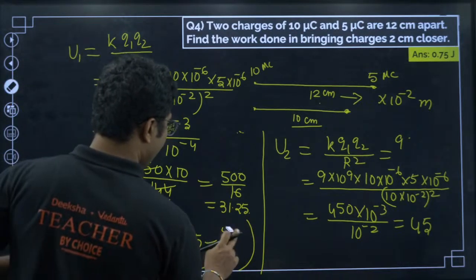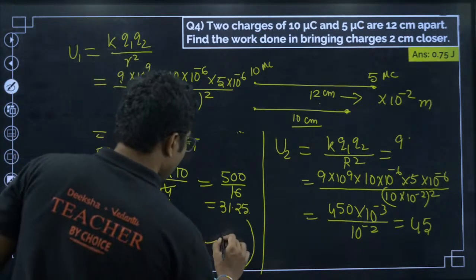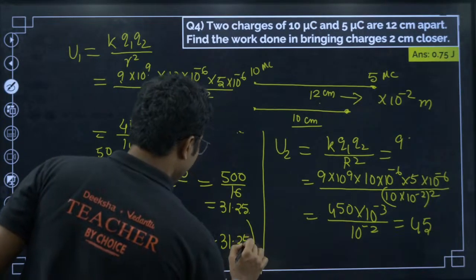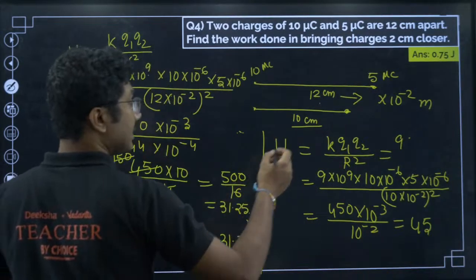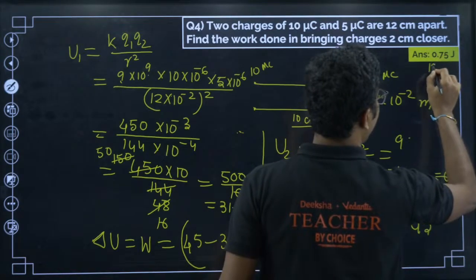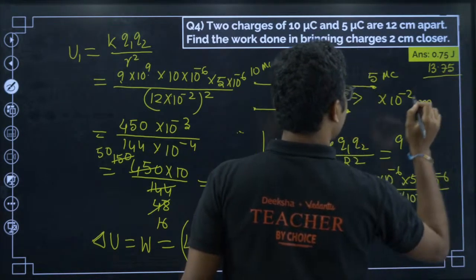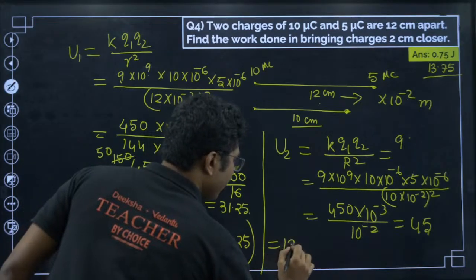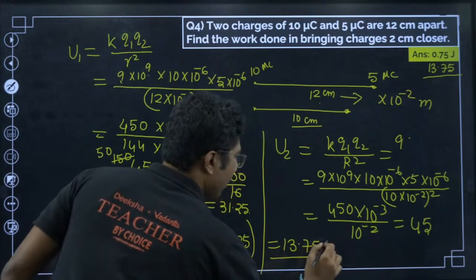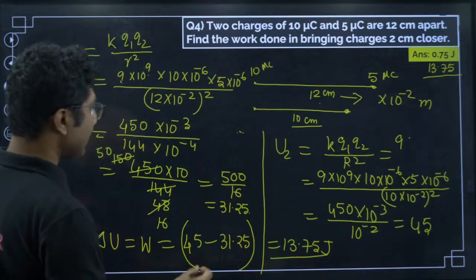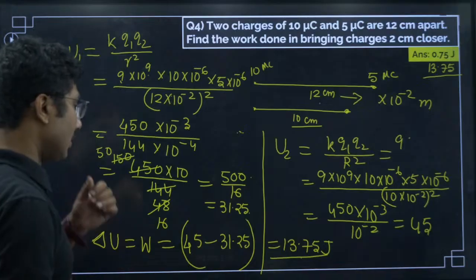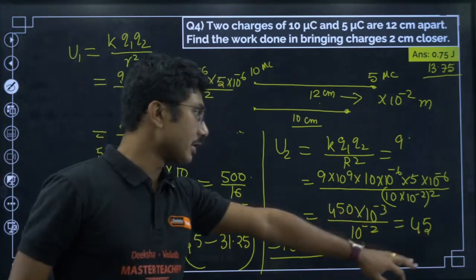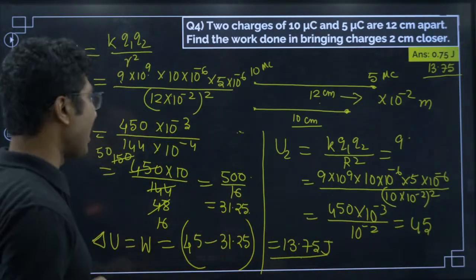So, 45 minus 31.25 will be 13.75. Sorry, that is a mistake. It will be 13.75, not 0.75. Okay. Sufia, check your calculations. 500 by 16 is 31.25, and then if you subtract it from 45, you will get 13.75, not minus.